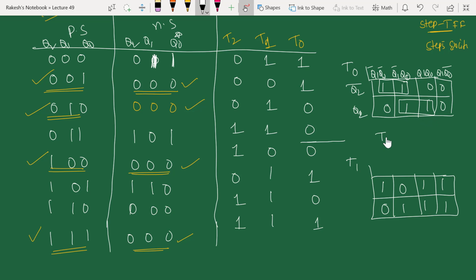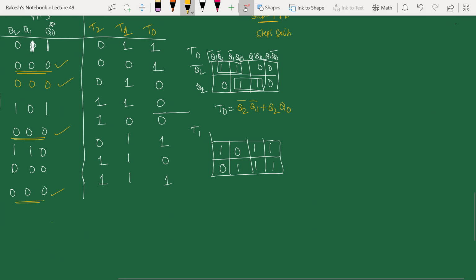So your T0 will be Q2 bar times Q1 bar, plus if you look at this one, this is Q2 times Q0. Similarly, I can form for T1. So now let us form.